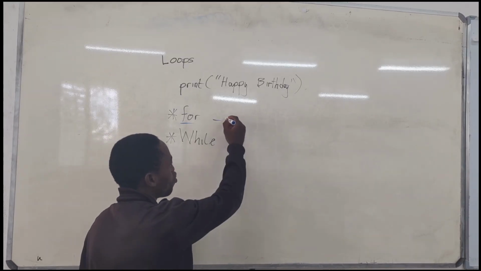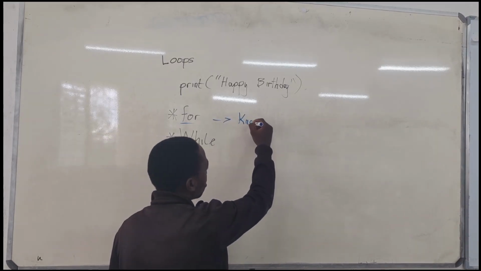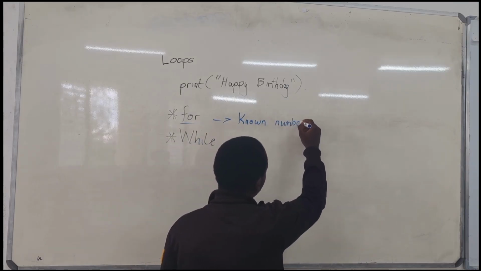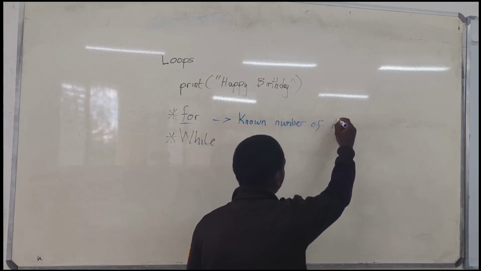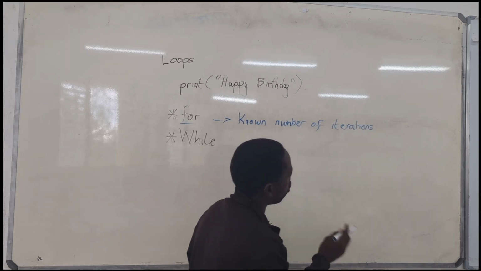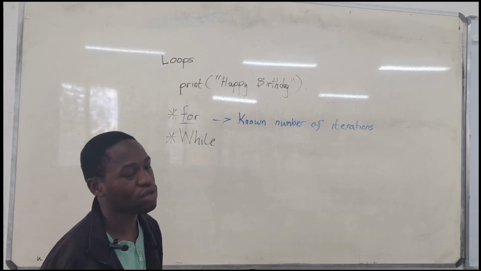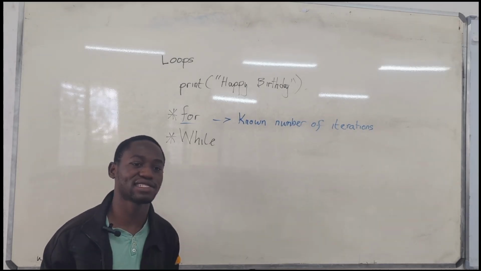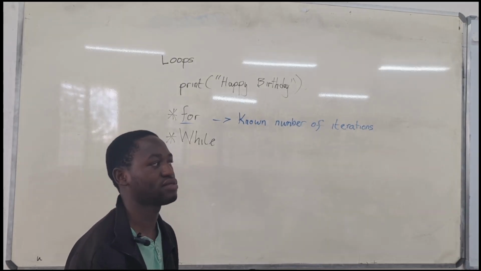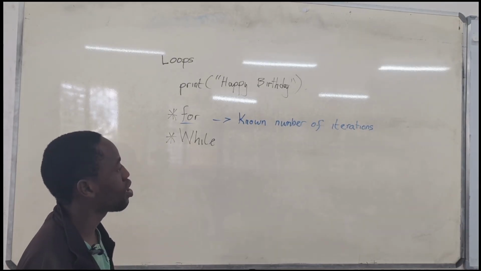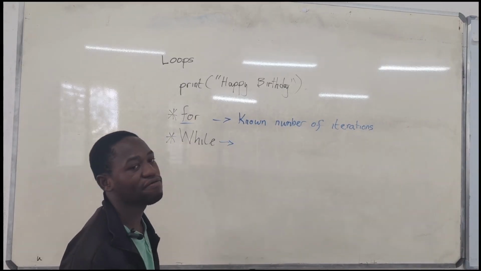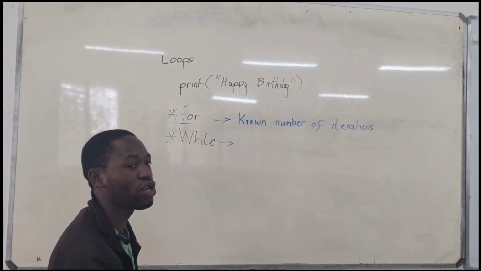So you can say a for loop is for a known number of iterations. You know the amount of times you want to repeat saying something, printing something, adding, like that. And then a while loop is used when you want to repeat something an unknown number of times.